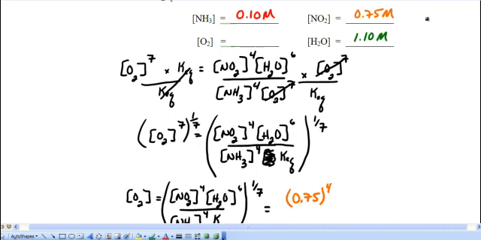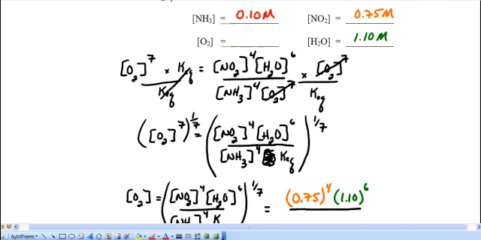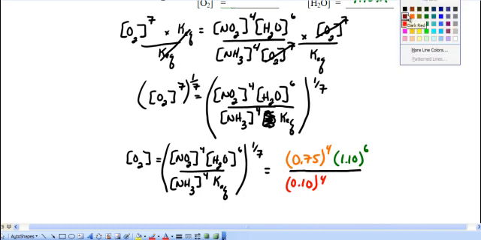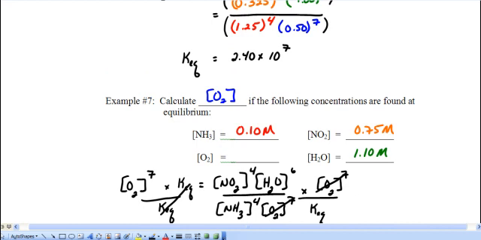My water, 1.10 raised to the 6th, divided by the ammonia, which is 0.10 raised to the 4th, and my KEQ comes from the last question.